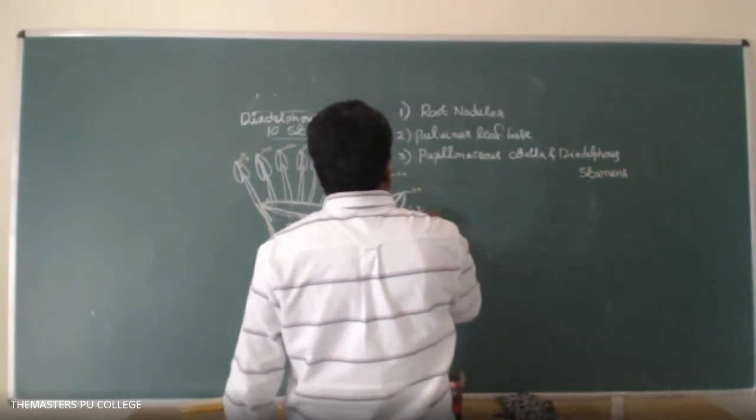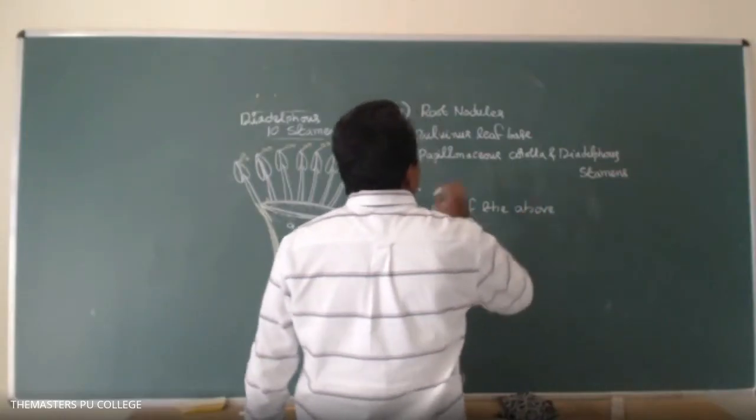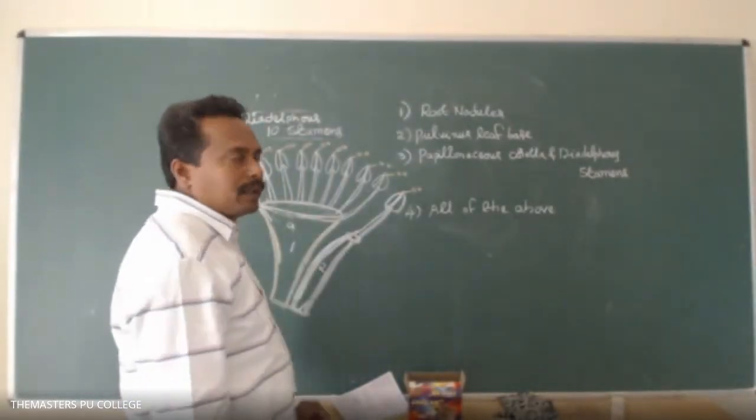Option 4 is all of the above. All of the above, sir. Yes, all of the above. The presence of root nodules in the root system, very good. The fourth option is the correct answer.